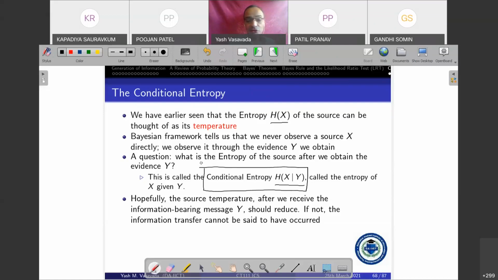Specifically, if the entropy of the source reduces, if it goes down after you get the measurement, then what this Bayesian framework tells us is that you can say that you have been informed.